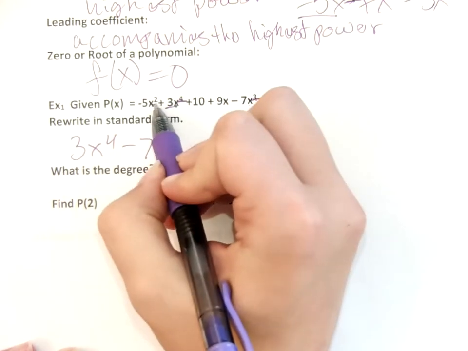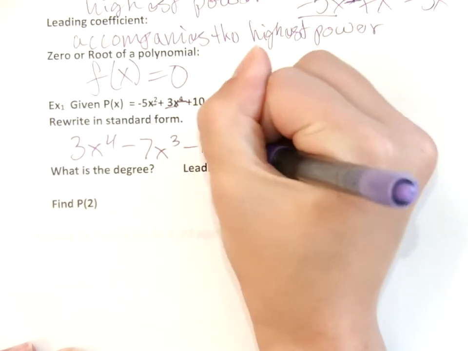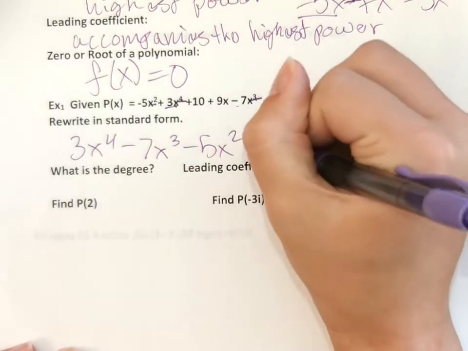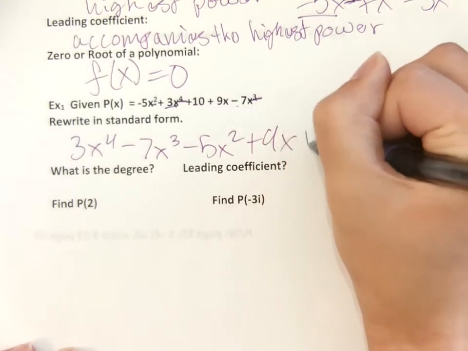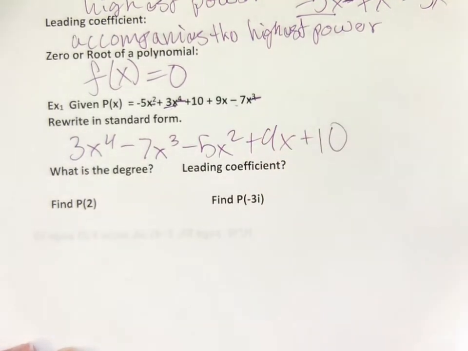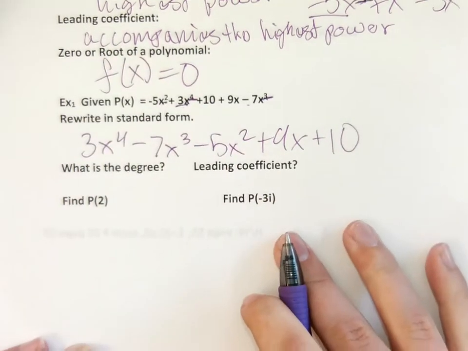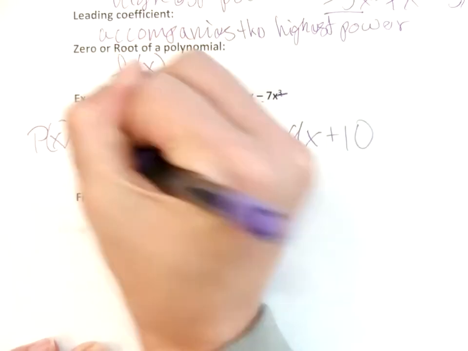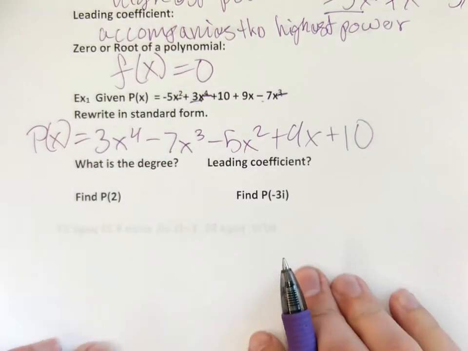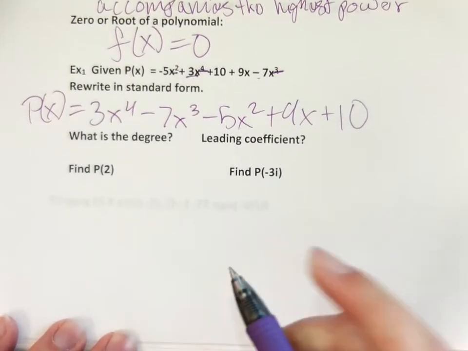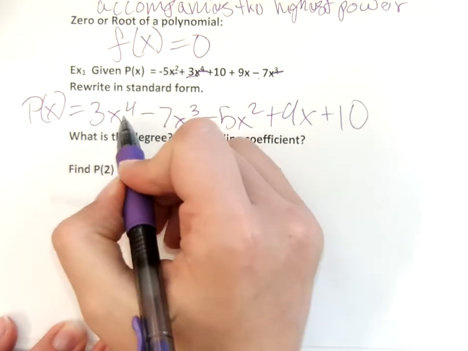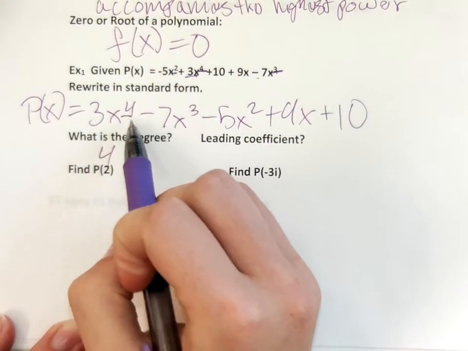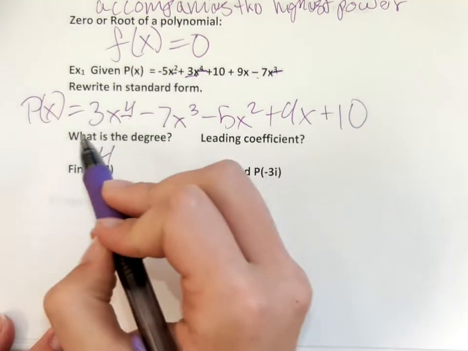Our next one is minus 5x squared. And then 9x, and then our constant 10. The name of the function is p. In this case, the degree of the polynomial would be 4, because it's our highest exponent, and our leading coefficient is 3.